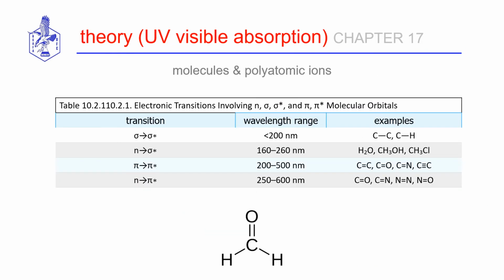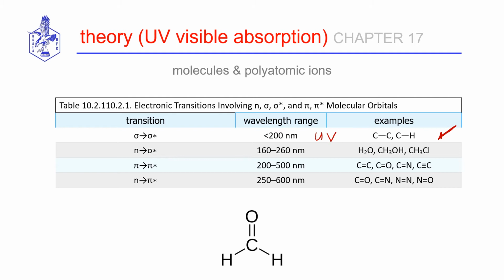Okay, so the characteristic transitions between those sets of molecular orbitals and the typical range in the electromagnetic spectrum where those transitions occur, you will see that for single bonds, those are sigma bonds, okay? If we're looking at sigma to sigma star transitions, those are going to happen in the ultraviolet, okay?